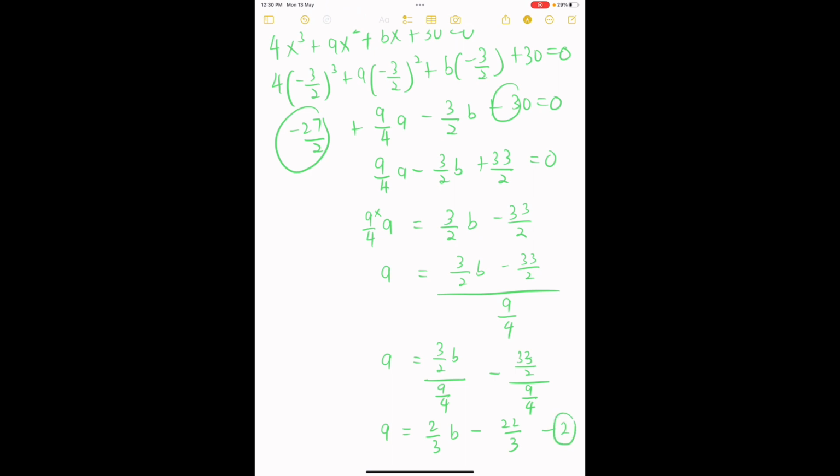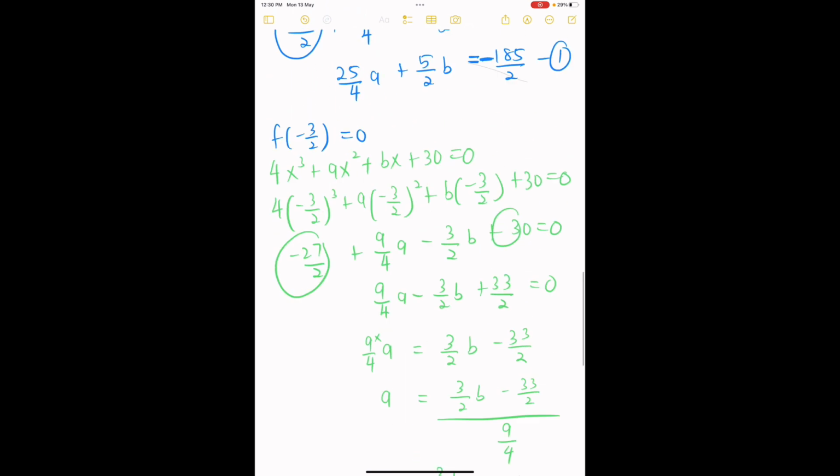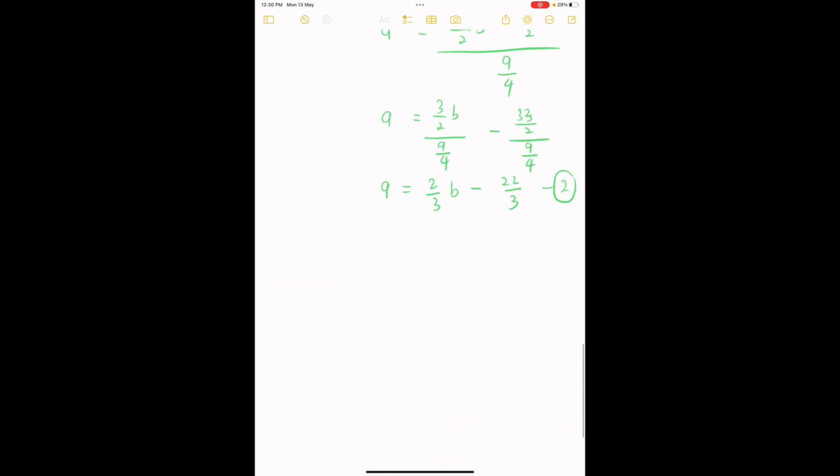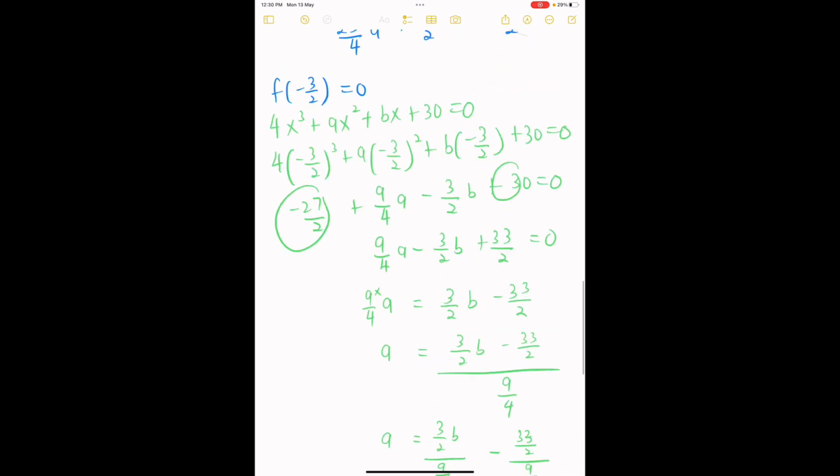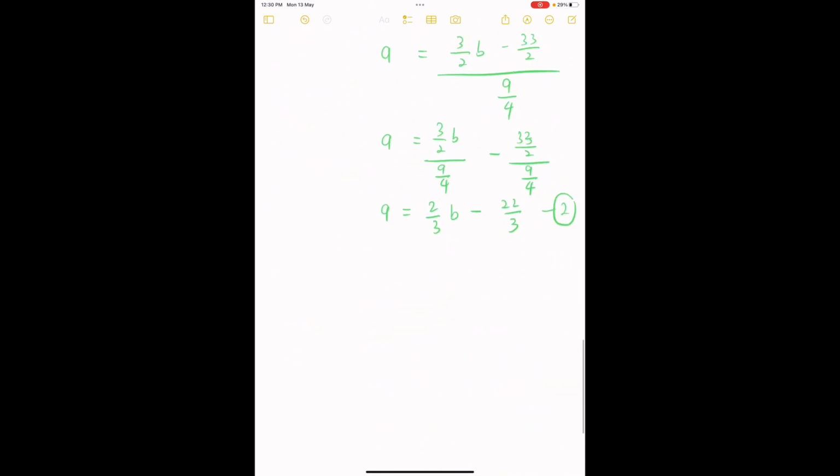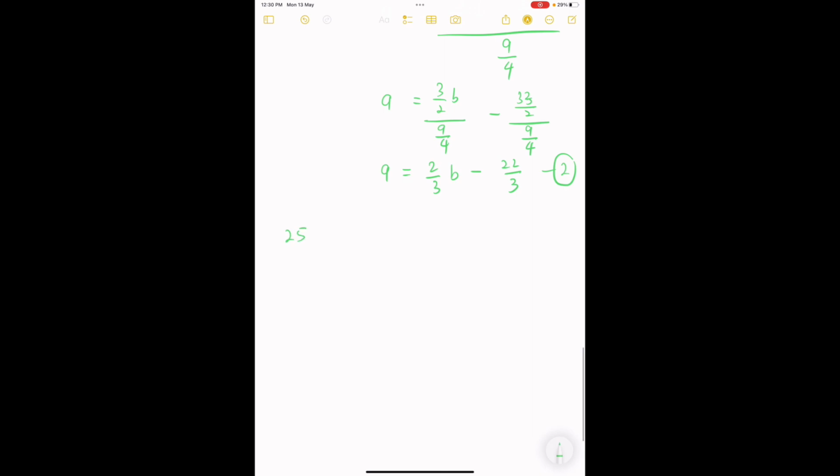This is equation 2. So just now you have equation 1 and 2, right? So now put 2 in 1. Equation 1 is 25 over 4a plus 5 over 2b equal to minus 185 over 2. So put a inside, so 25 over 4 times 2 over 3b minus 22 over 3 plus 5 over 2b equal to minus 185 over 2.